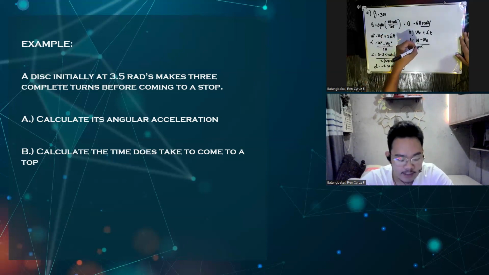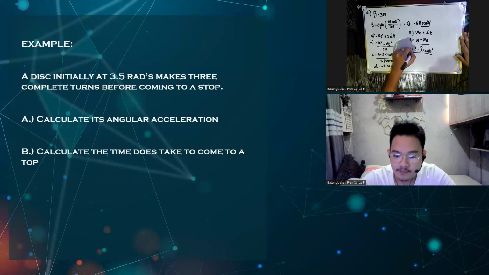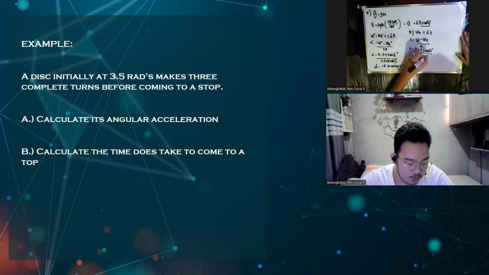And then yung ating initial angular velocity is 3.5 radians per second over ang ating nakuha po kaninang angular acceleration, which is negative 0.3249 radians per second squared. And by calculating, ang time po natin ay 10.7735 seconds.